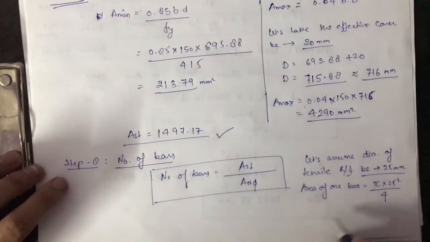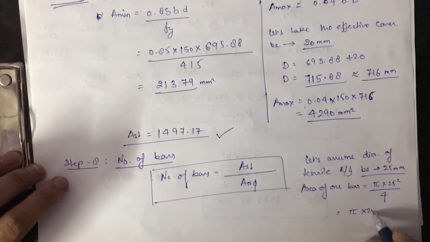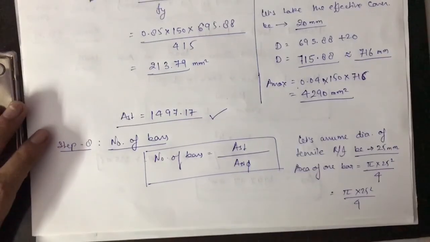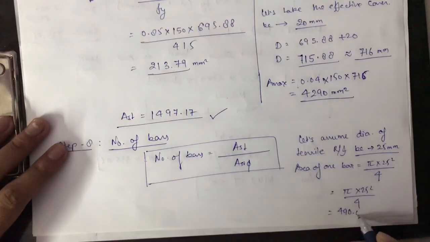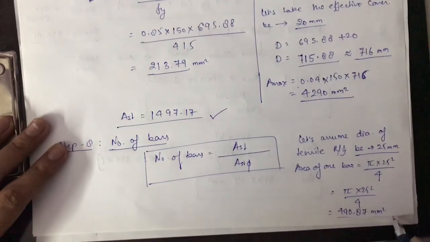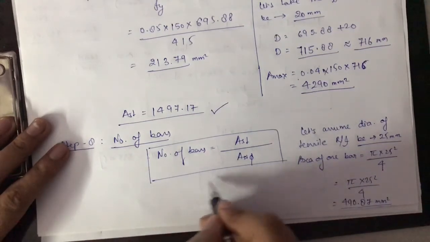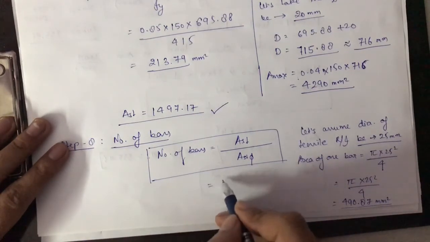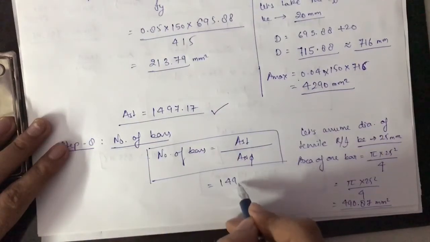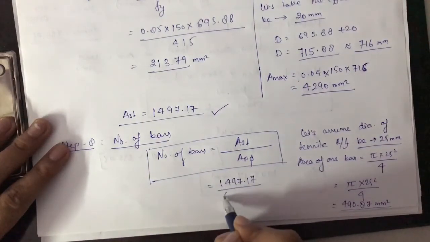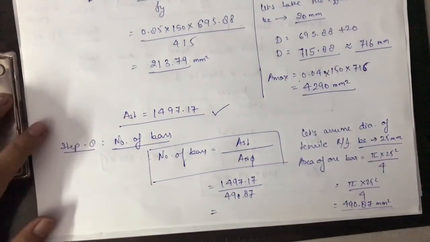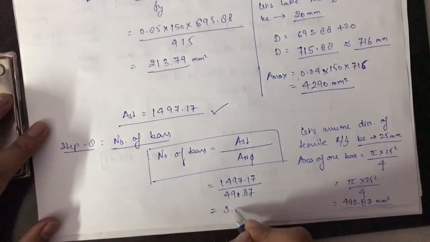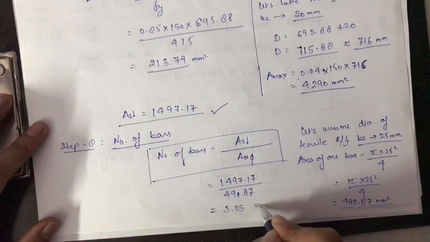It is from the area of a circle. It is about 490.87 mm square. So the number of bars will be Ast, we have 1497.17 upon 490.87, and it is coming to be 3.05. So we are taking 3 bars.